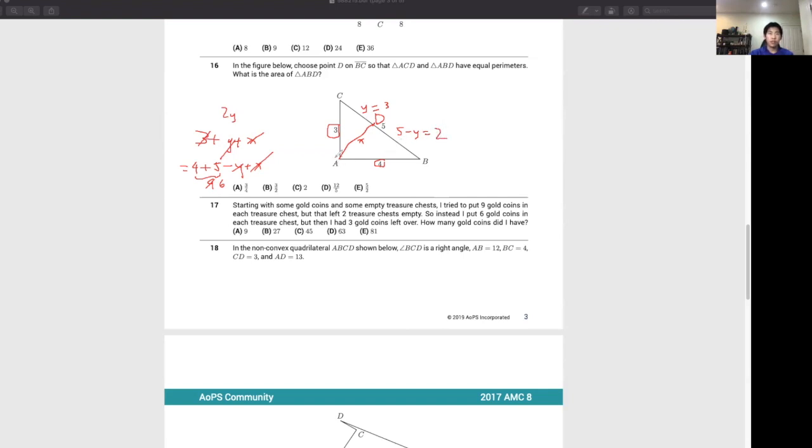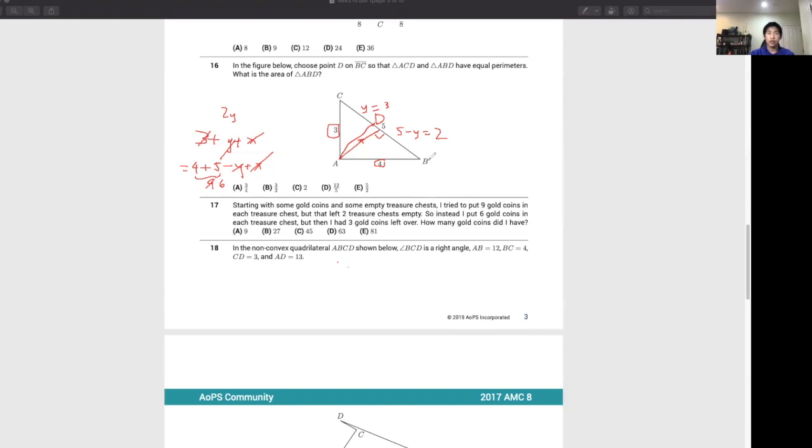So now for ABD. We're looking for the area of ABD, right? And since ABD and ACD share a height, that means that the ratio of their areas is just the ratio of their bases.